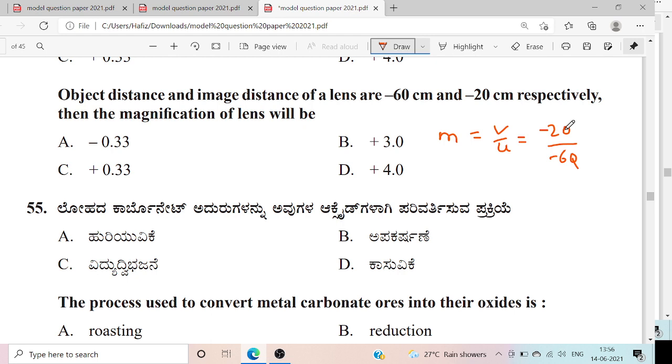So the zeros get cancelled, minus and minus get cancelled, that is 2/6, which is nothing but 1/3, that is +0.33. So option C is the correct option.